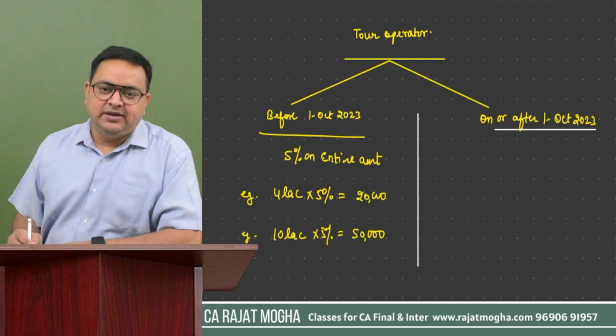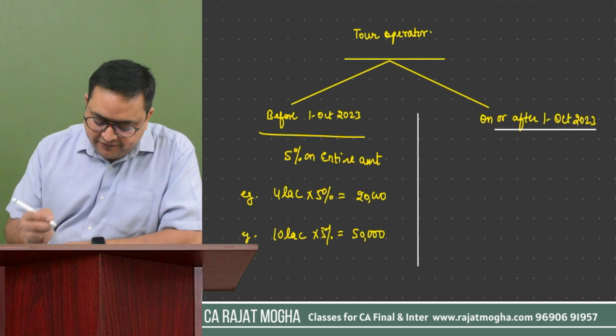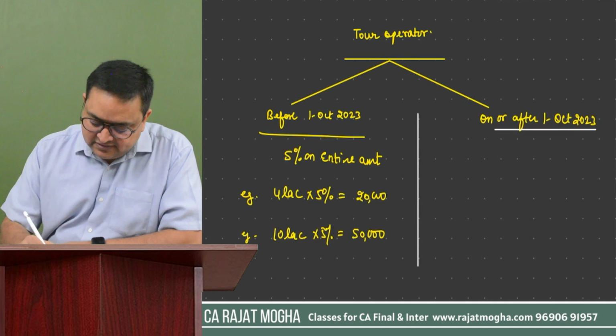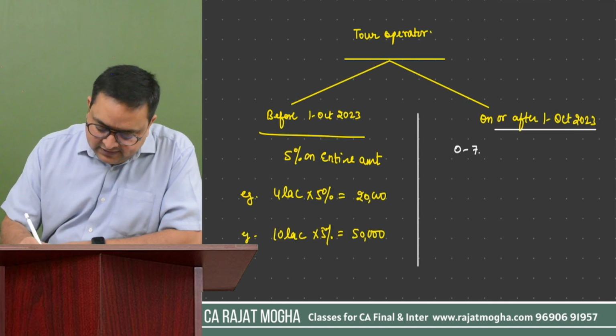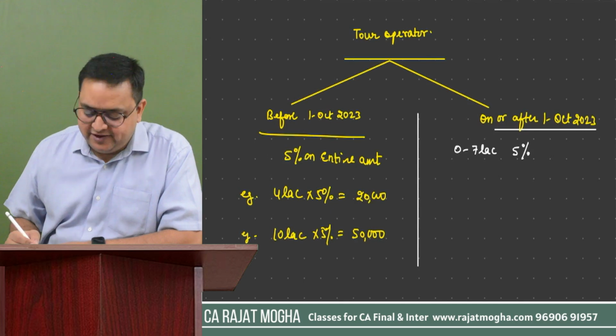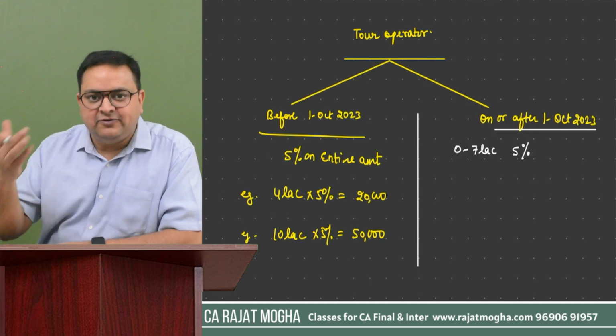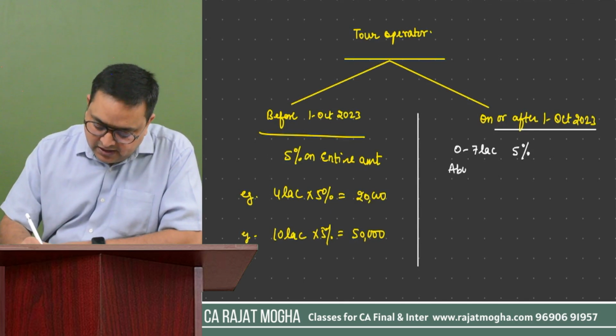So if the tour amount is from 0 to 7 lakh, then we will charge 5% TCS, and above 7 lakh, we will charge 20% TCS.